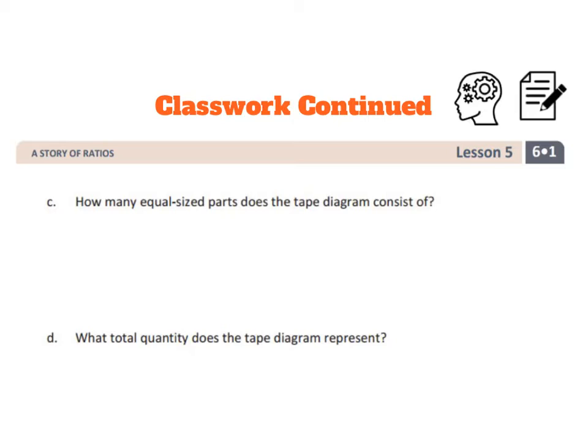Then over to the next page. How many equal sized parts does the tape diagram consist of? Well, on my previous drawing, total equal parts is 12, right? What total quantity does the tape diagram represent?